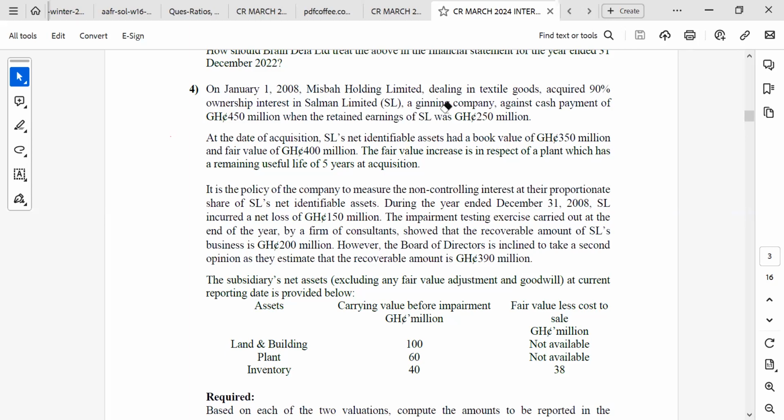The impairment testing exercise carried out at the end of the year by a firm of consultants showed that the recoverable amount of SL business is 200 million. However, the board of directors is inclined to take a second opinion as they estimate that the recoverable amount is 390 million. The subsidiary's net asset, excluding any fair value adjustment and goodwill at current reporting date, is provided below.